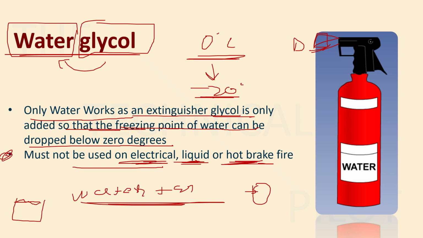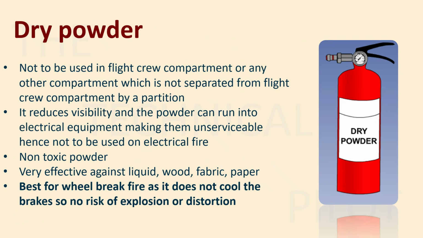Then the next type is a dry powder type of fire extinguisher. It should not be used in the flight crew compartment. Very important. I'm telling you guys, this is a part which is asked very, very often in your exams. So please don't skip it.